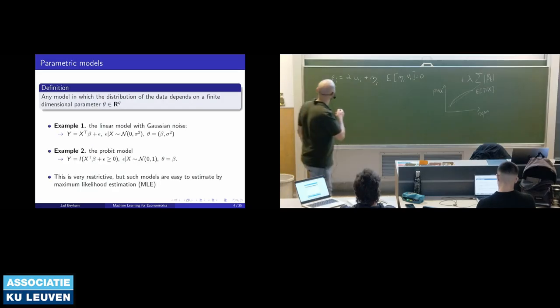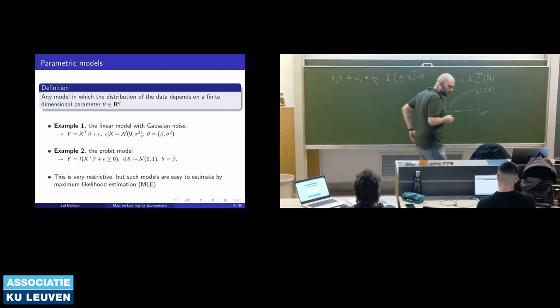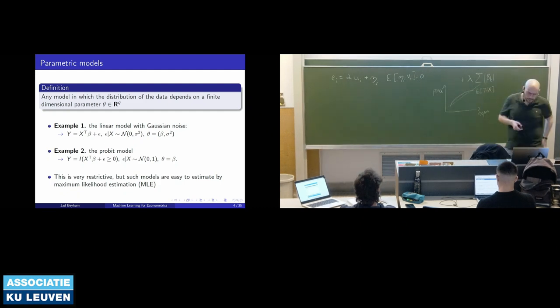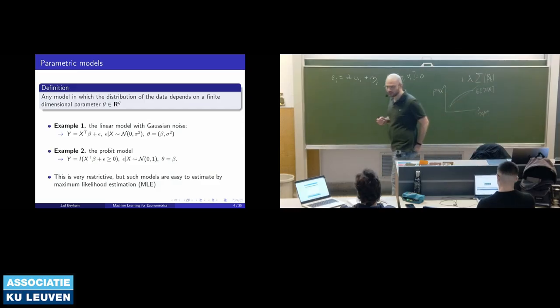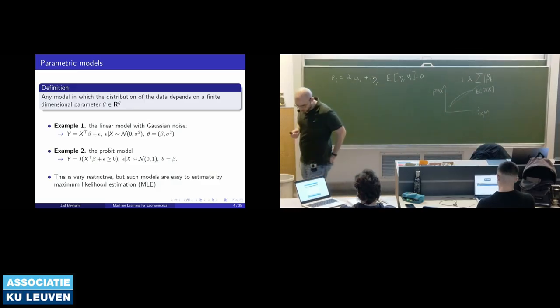So first, let's start with parametric models. A parametric model is a model where the distribution of the data only depends on a parameter theta that belongs to R^q, so it's just a finite number of real numbers. One classical example can be a linear model with Gaussian noise.